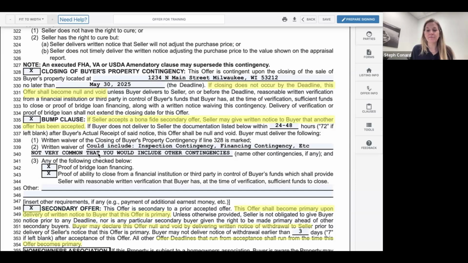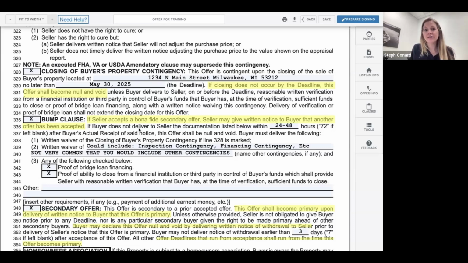So let's say buyer and seller come to terms, and there's an accepted offer on this property, but the offer does include this bump clause. What this is saying is the seller can accept a bona fide secondary offer, and if they choose to, they may give written notice to this primary buyer, the one that has the current accepted offer, that another offer has been accepted.